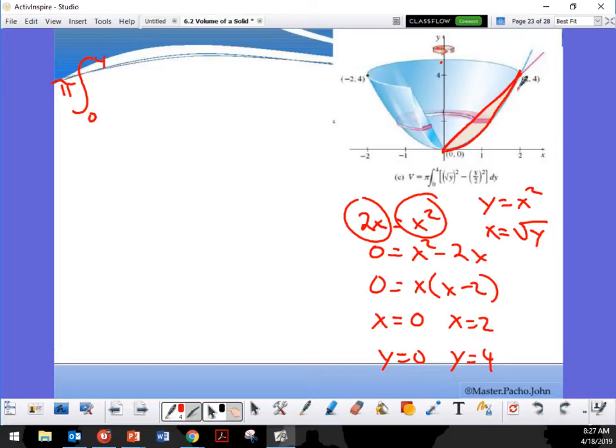Square root of x. So it's going to be square root of y. So it's going to be y to the 1/2, squared, minus y over 2 squared dy.